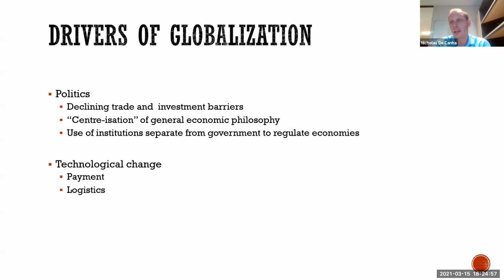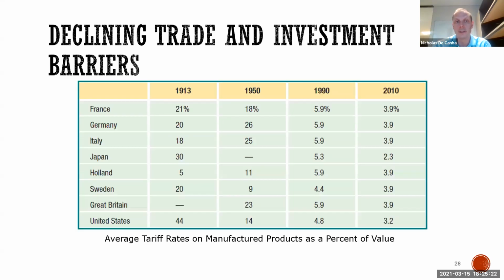And then technological change, which is really payment and logistics. Without the technological change, it's very, very difficult to coordinate these diverse supply chains. And it's also very difficult to assure yourself of payment. That's not to say that there wasn't globalization before this happened, but there are real limits to how much you could do before we had these two features.